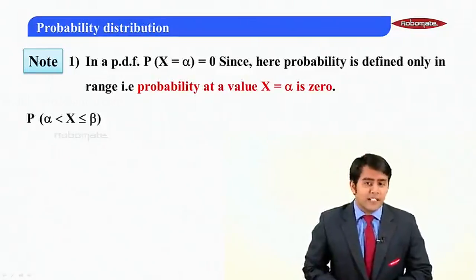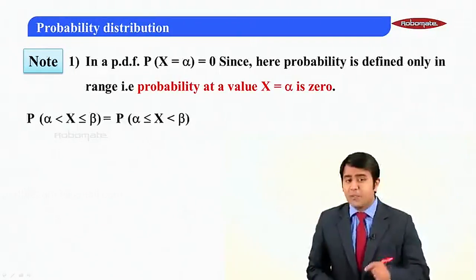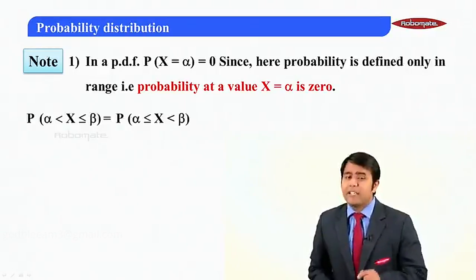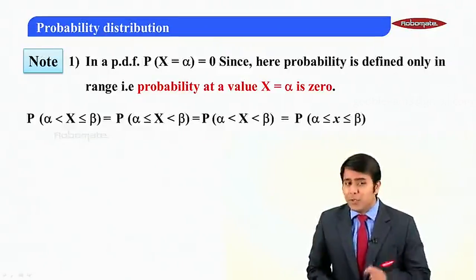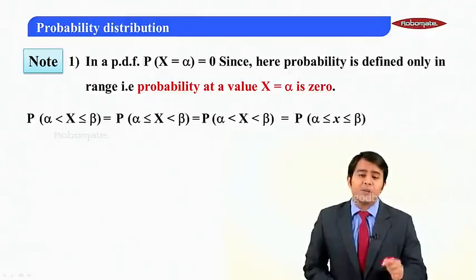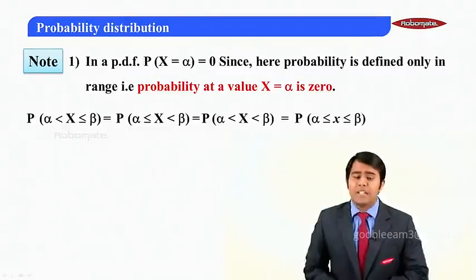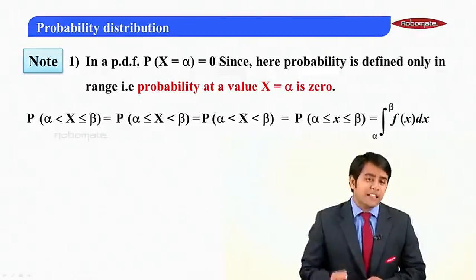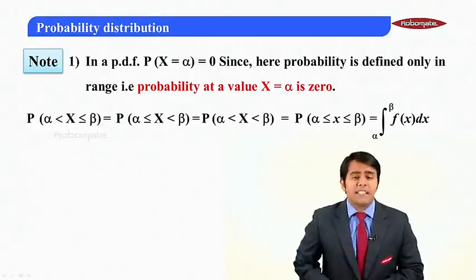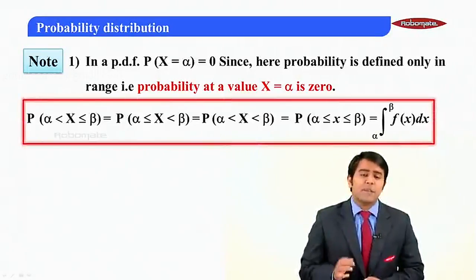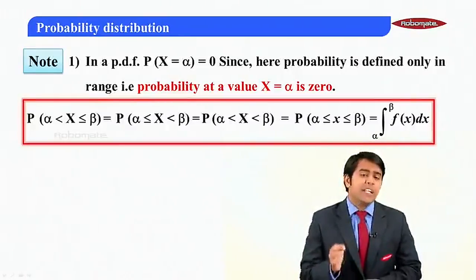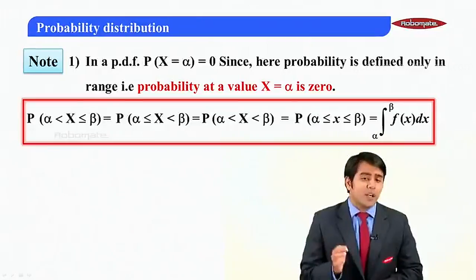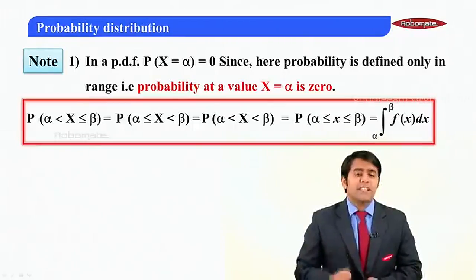P of alpha less than x less than or equal to beta is equal to p of alpha less than or equal to x less than or equal to beta is equal to p of alpha less than x less than beta is equal to p of alpha less than or equal to x less than or equal to beta, and this value is simply integral alpha to beta f of x dx. So this is important. We must understand that whatever the type of interval given to us, we have to integrate from alpha to beta only for f of x dx.